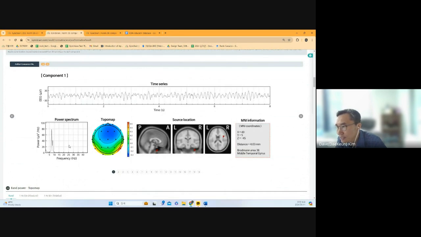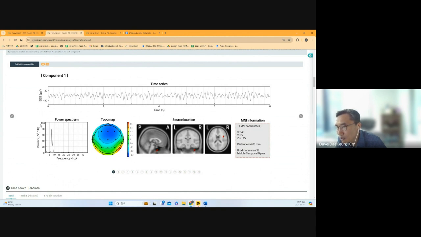here. We have the first component is the middle temporal, and you can see here the T5 and T6. Usually, the first component is the largest effect in the sensor level EEG.